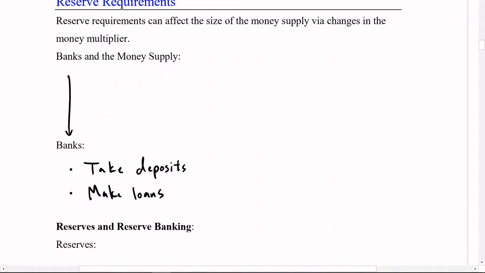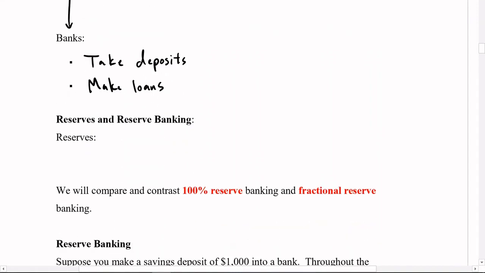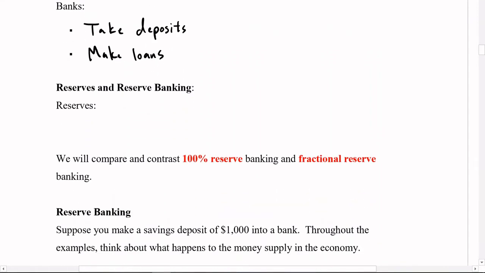That's going to end up creating new money. So to understand that, we need to talk about reserves. And so reserves are essentially money in the vault, either money in the vault at the bank itself, or the bank can hold reserves at its regional Federal Reserve branch.